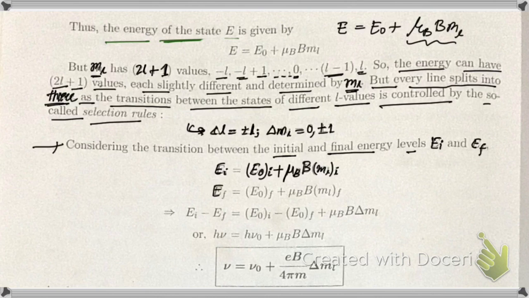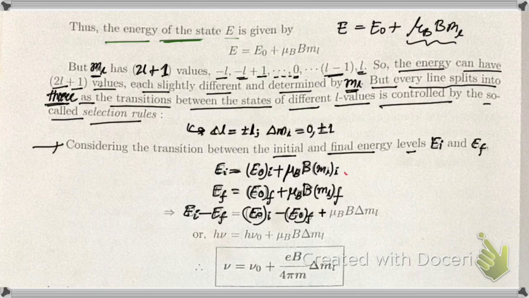And the final one is given by EF is equal to E naught F plus mu B into capital B mlf. If you subtract these two, EI minus EF, you're gonna get E naught I minus E naught F plus mu B B del ml.